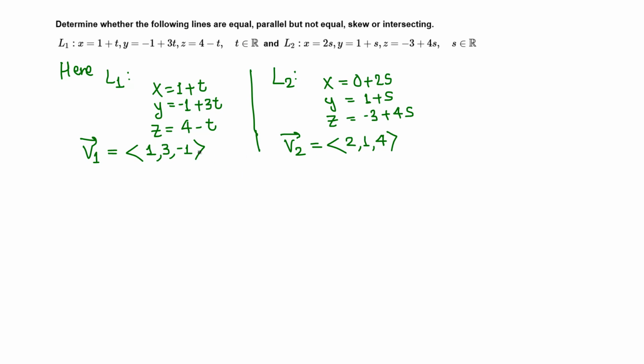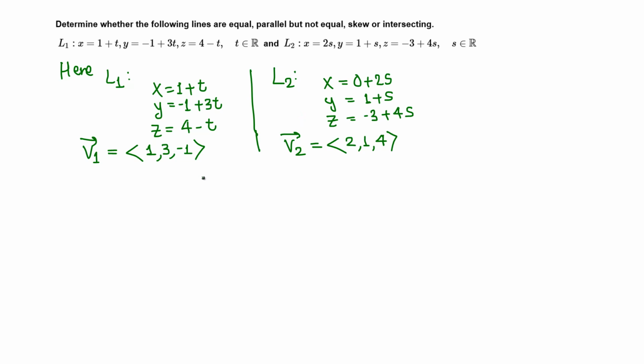But clearly we have a negative 1, and the other is all positive, so v2 is not a constant multiple of v1. So these vectors are not parallel. That means these lines are not equal and they are not parallel as well.